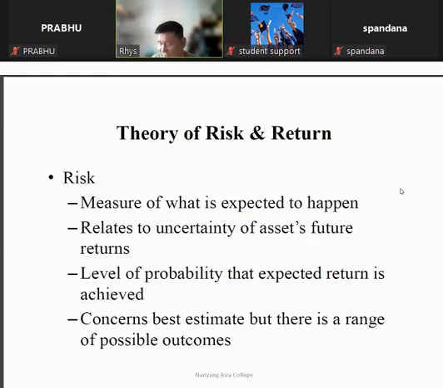Okay, concern. The best estimate, right? But there is a range of possible outcomes. So you have to do the risk assessment of the project. Then you see what the negative and positive outcomes are.